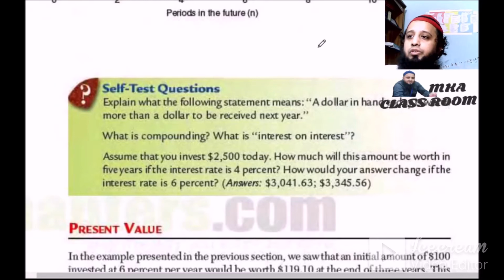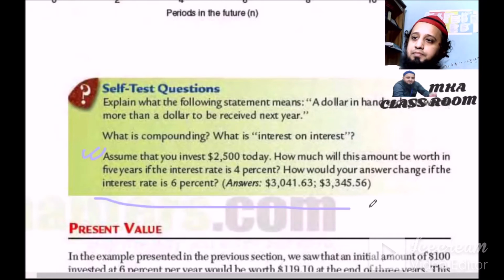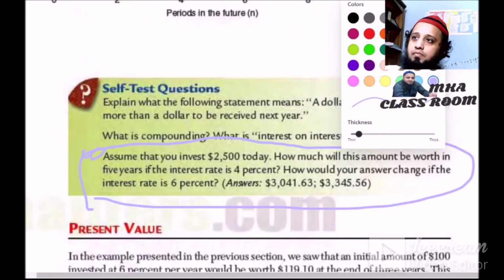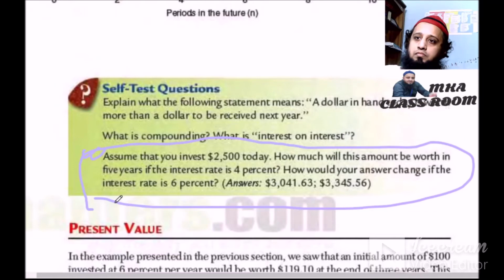How would your answer change if the interest rate is 6%? So, this is our example. Assume that you invest today 2,500 taka.